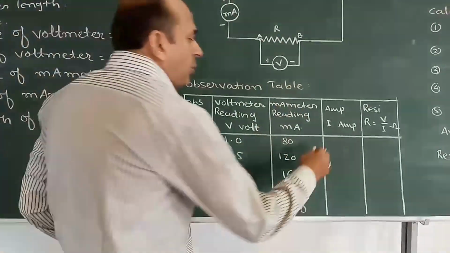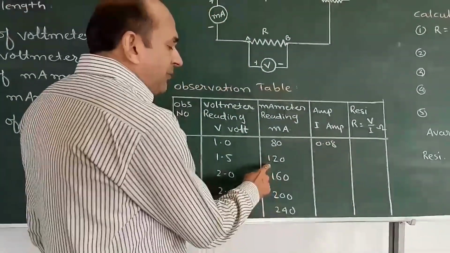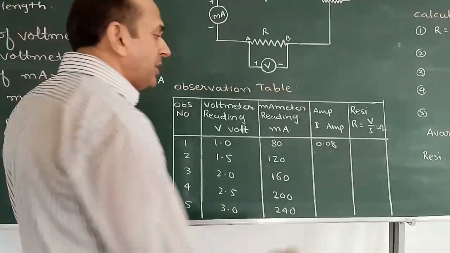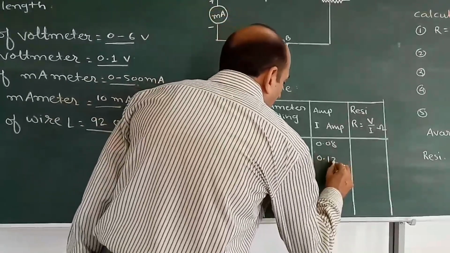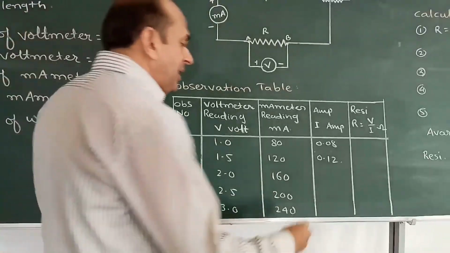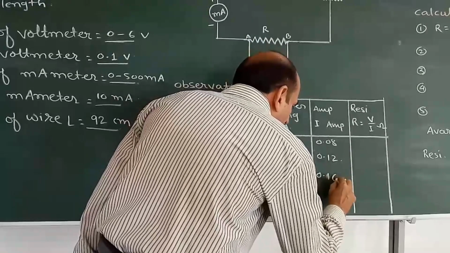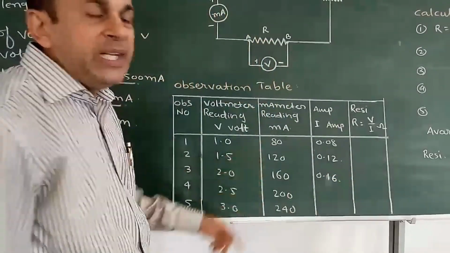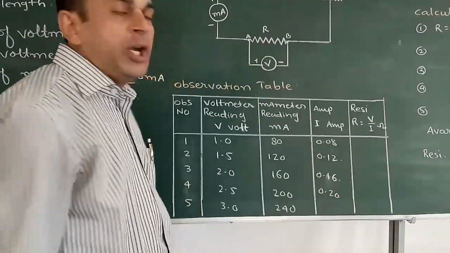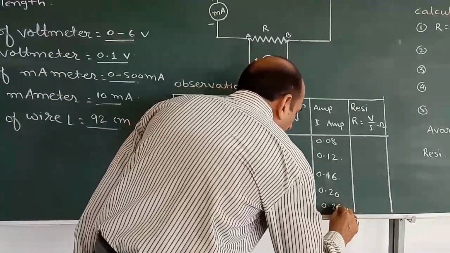So it is equal to 0.08 ampere, and 120 into 10⁻³ or dividing by 1000 is 0.12 ampere. Okay, and 160 milliamperes dividing by 1000 will be 0.16 ampere. 200 dividing by 1000 is 0.20. 240 milliamperes dividing by 1000 will be 0.24.